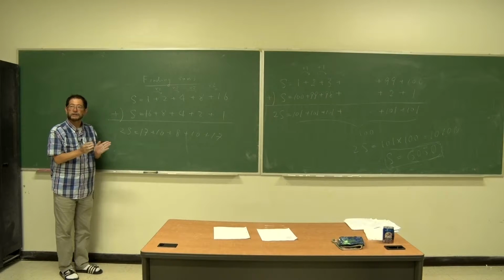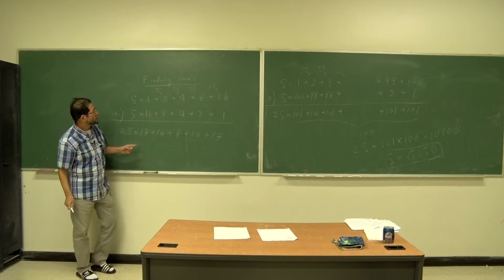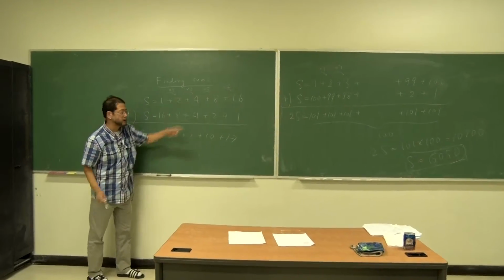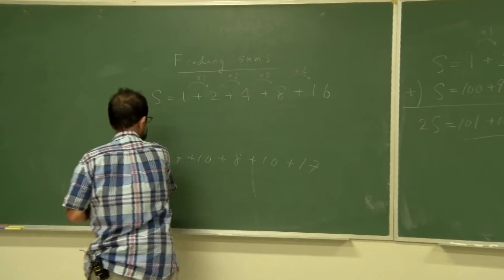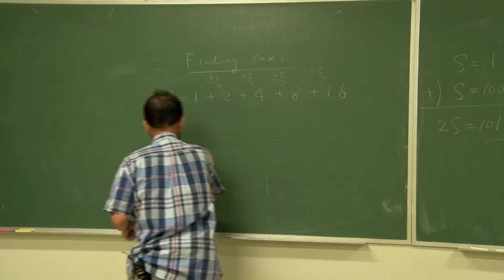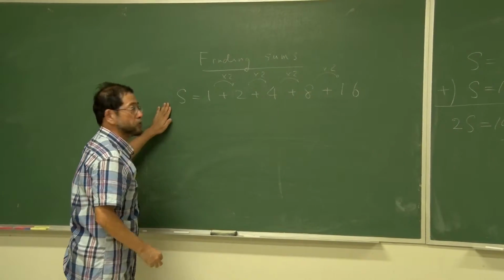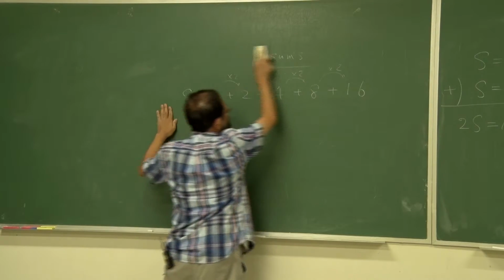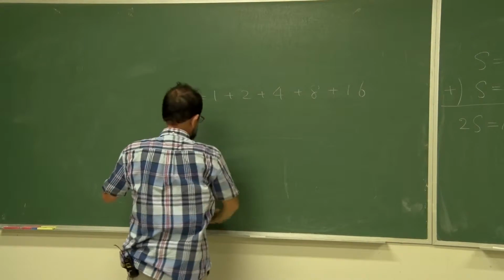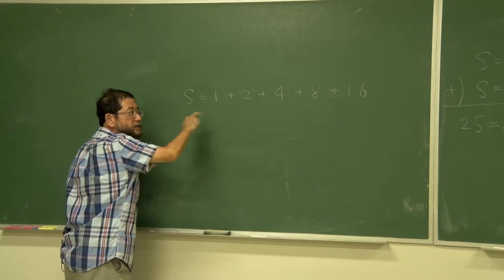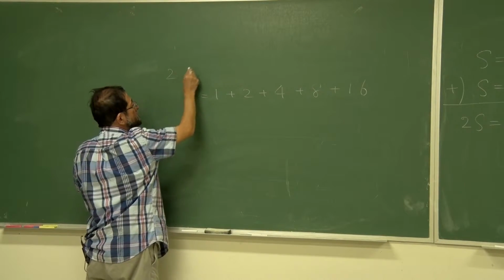But instead, you have a better method now. The new method is using this idea. Since the next one is always obtained by multiplying by 2, what you do is, instead of rearranging, you multiply each term by 2.